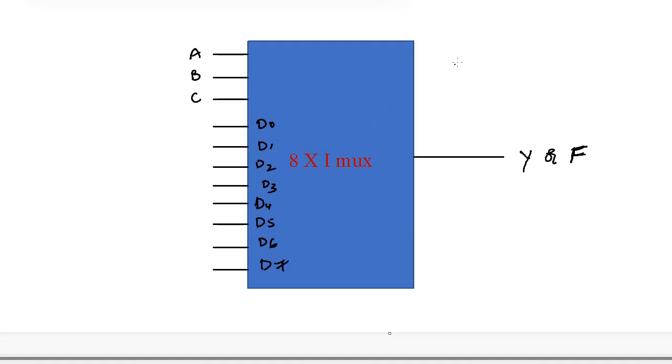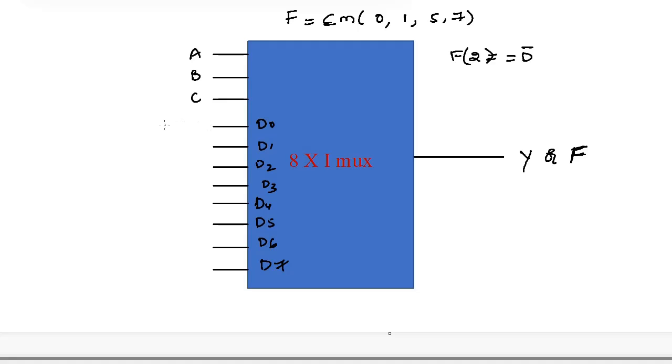Now see here, the function F equal to sigma m of 0, 1, 5, 7, and F of 2 equal to D bar, and the remaining are connected with logic 0.